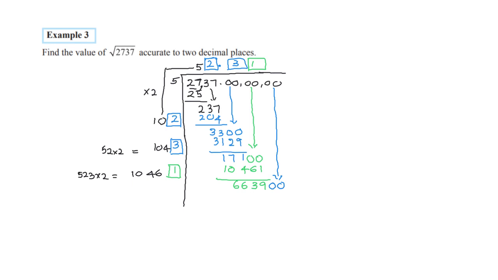Next step, we have to double the top number. So you have 5,231. You want to multiply by 2. Then you have 10,462 something.